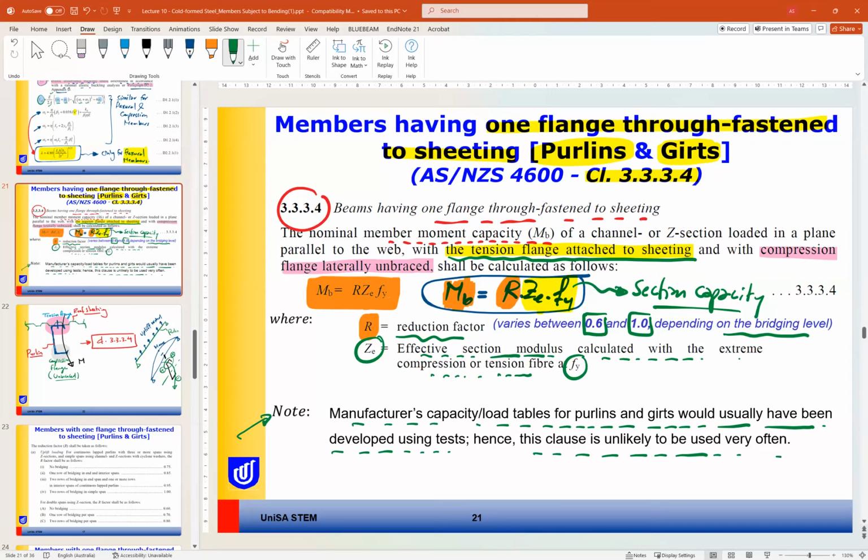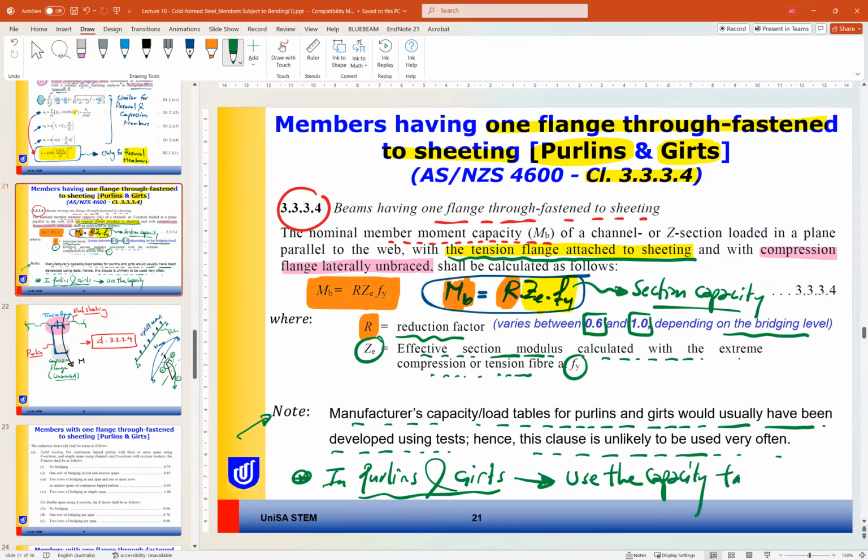So that's why, if you go back to our assessment, in reality, in purlins and girts, we can use the capacity table directly to select the section.